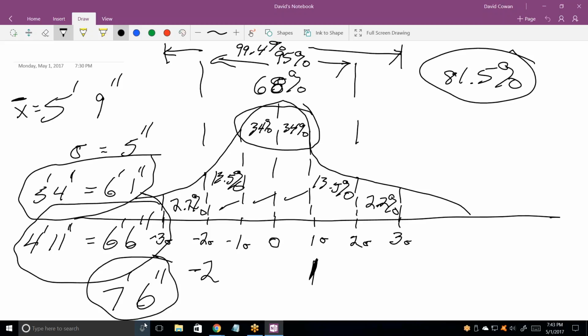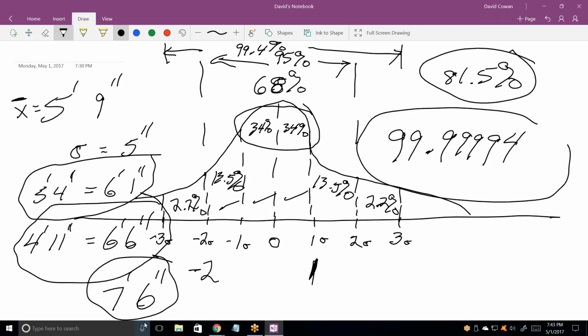And 5 sigma means 99.99994%. That's the confidence you have that they really discovered the Higgs boson. In other words, there's still just a real tiny bit of chance that they haven't discovered the Higgs boson. Nobody knows for sure. But their confidence level is that number, and that's enough to proclaim a discovery in science.